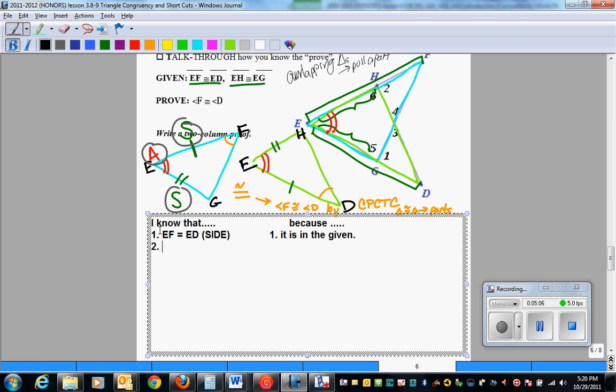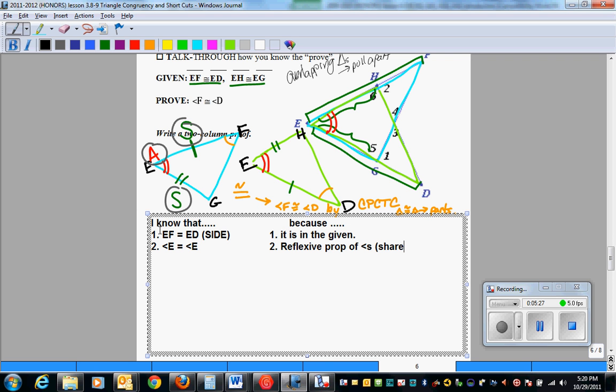Next one. I know that angle E is equal to angle E. Now, I know that looks a little strange, something equal to itself, but that's called the reflexive property. We're saying it's the reflexive property of angles.